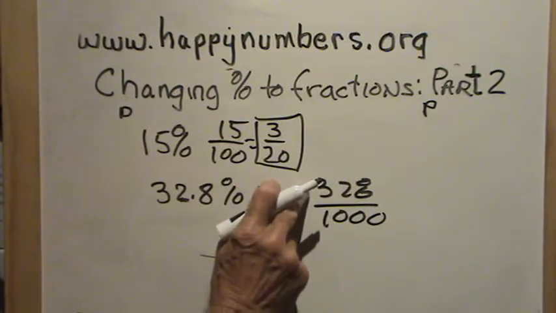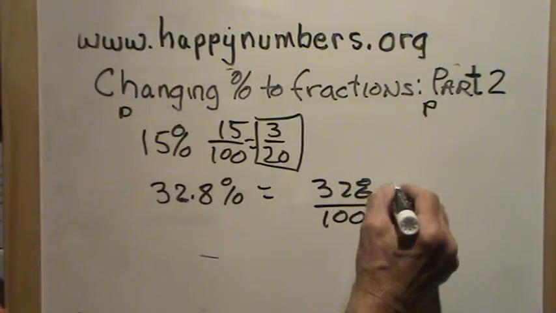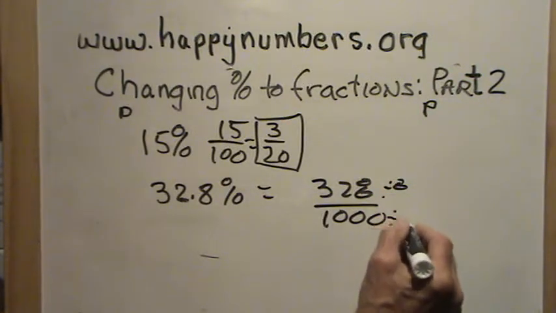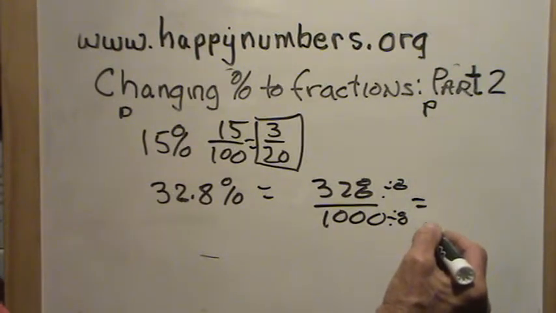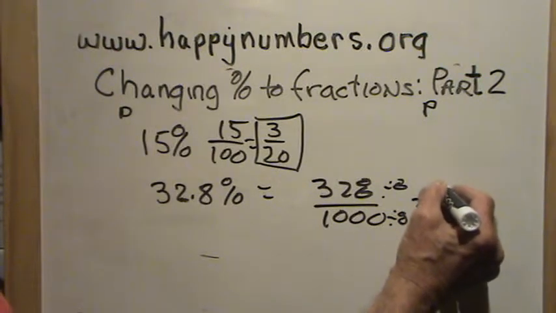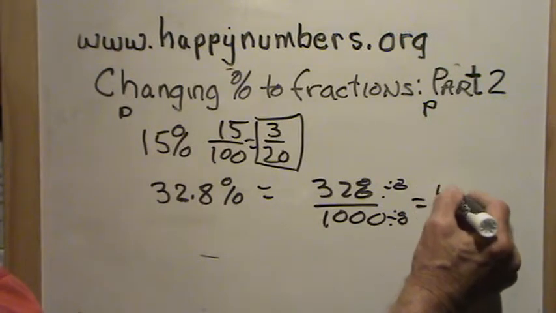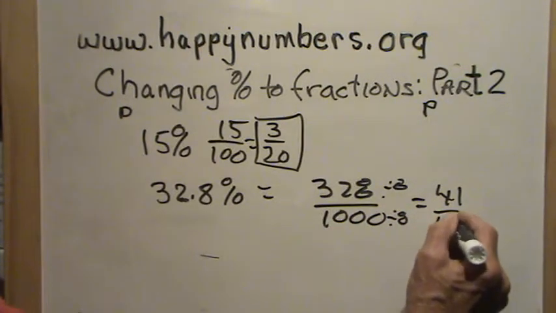So we take the decimal point away, and now we have to reduce it to its lowest name, and we divide by 8 and divide by 8. When we divide 328 by 8, we get 41, and when we divide 1,000 by 8, we get 125.